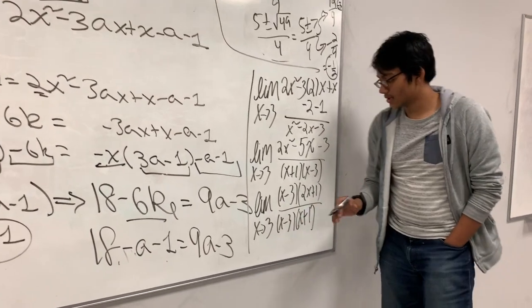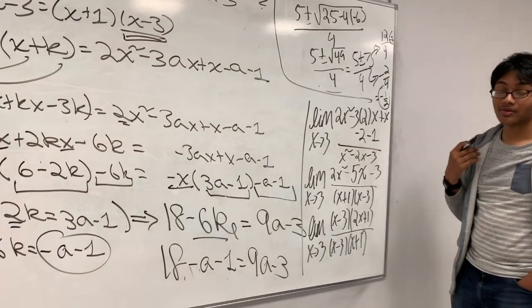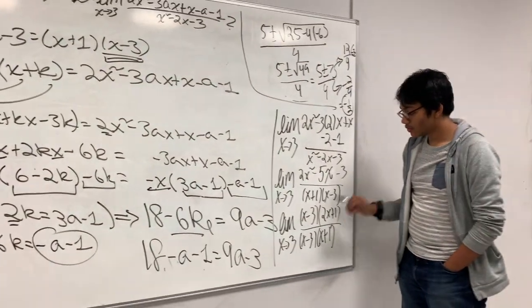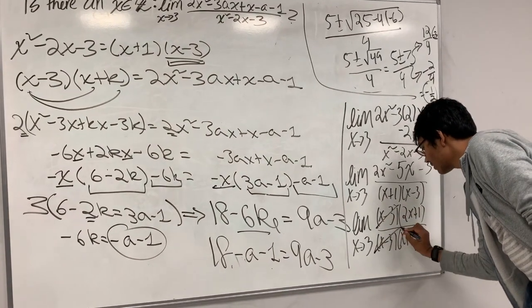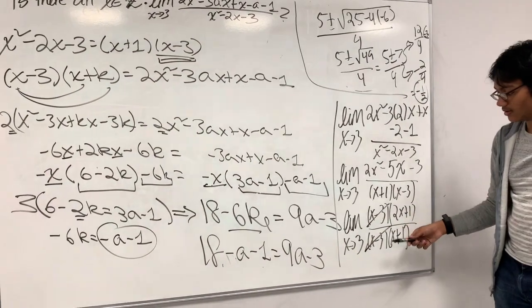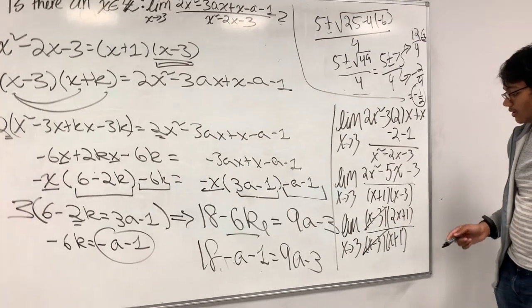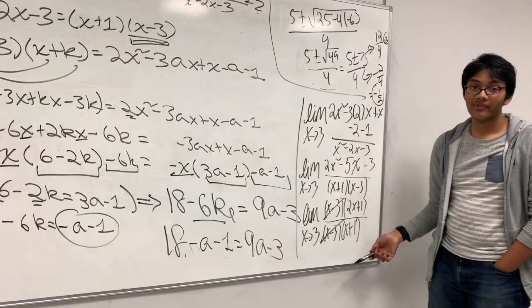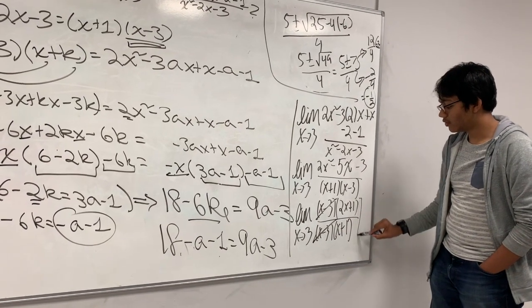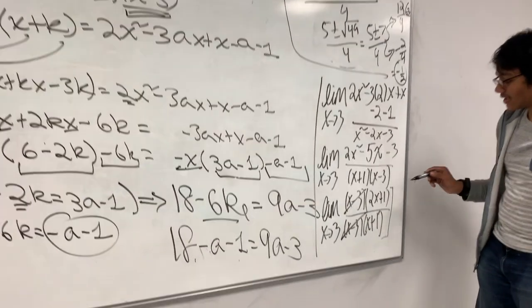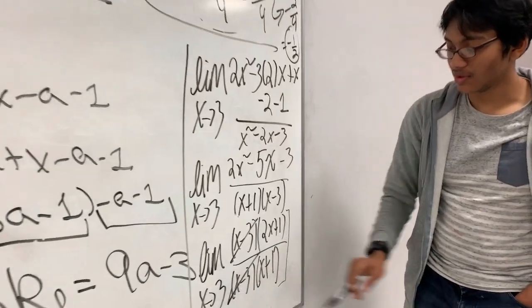And now this is the step we've been waiting for. We chose the perfect value for a so that we could arrive at this step. And that step is to cancel out the common factor of x minus 3. So when you eliminate this common factor, now your limit has become defined because you've removed the discontinuity at x equals 3.